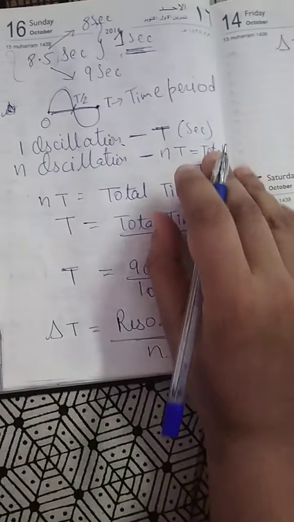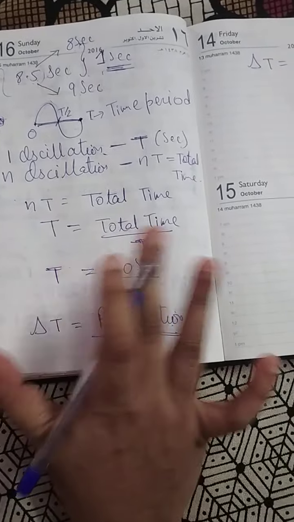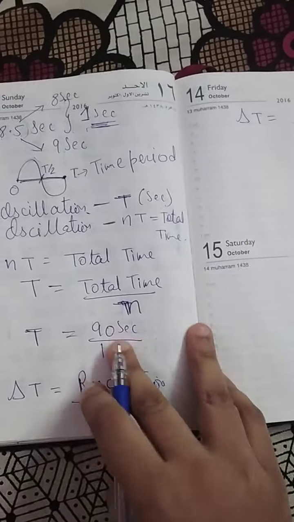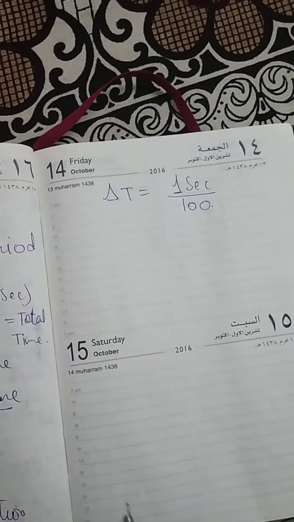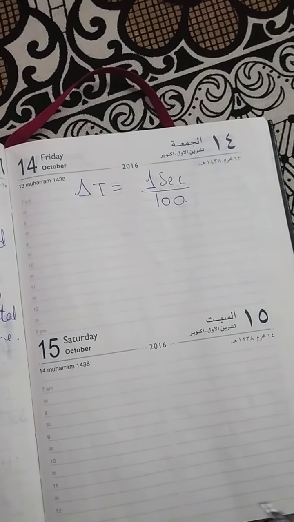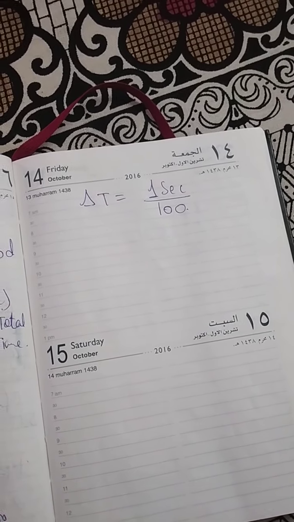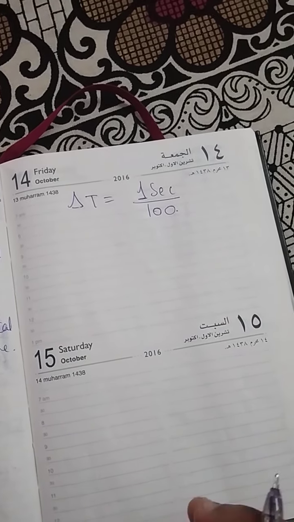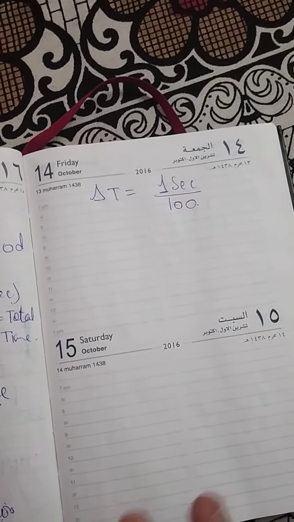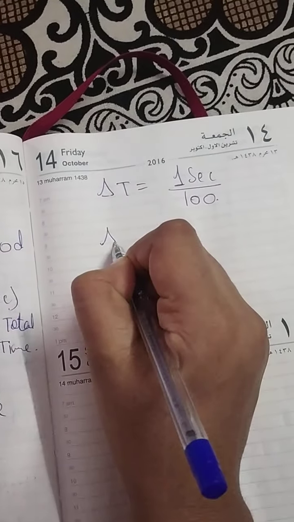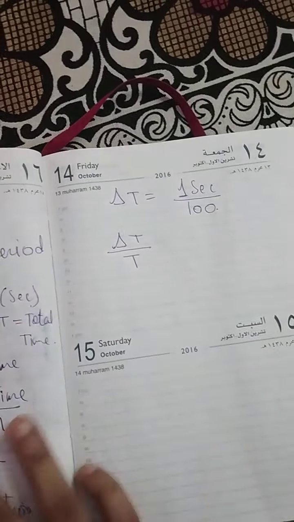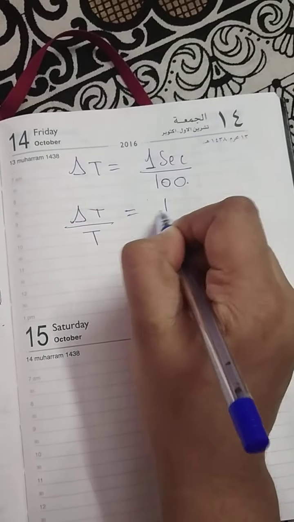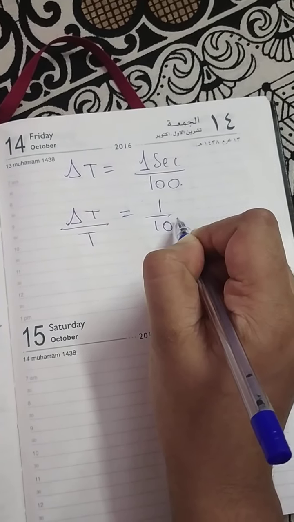Correct? Now students, whenever you want to find out the value, in my previous videos I have uploaded JEE IIT questions, board questions, and even the basic concept and derivation in my playlist. Just watch it. In that, we have delta T upon T. Suppose we want to find this. So delta T is equal to 1 upon 100.